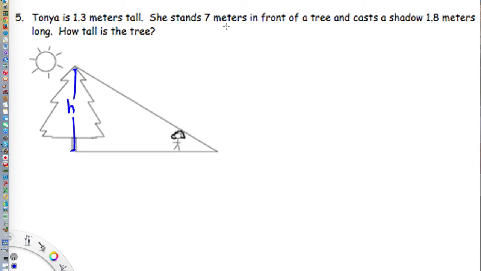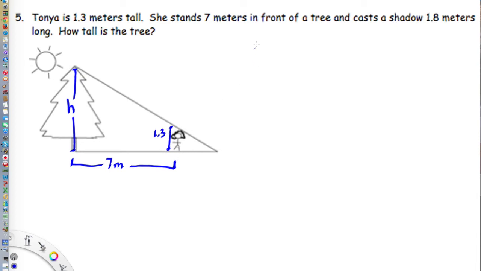Now it says that she stands 7 meters in front, so that means from here to here it's 7 meters. She stands 7 meters in front of the tree. She happens to be 1.3 meters tall, so that means from here to here approximately, that's the height of that triangle.